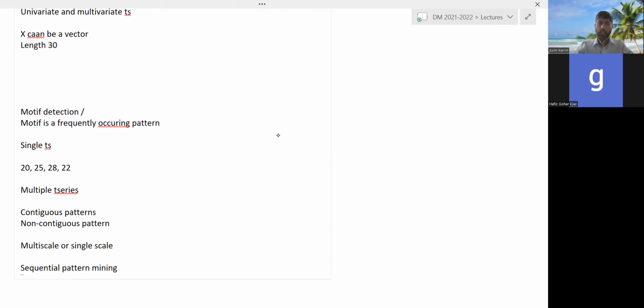So if you convert your time series to discrete values, in other words, you're converting it to sequences, then motif analysis essentially becomes sequential pattern mining or sequential pattern analysis.